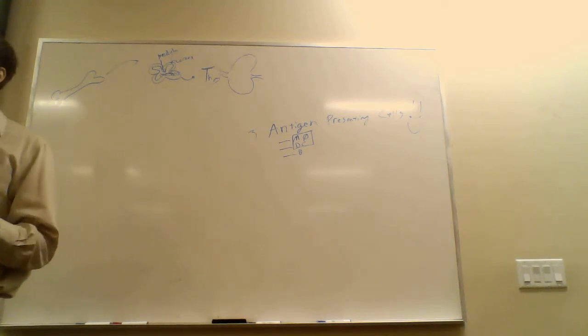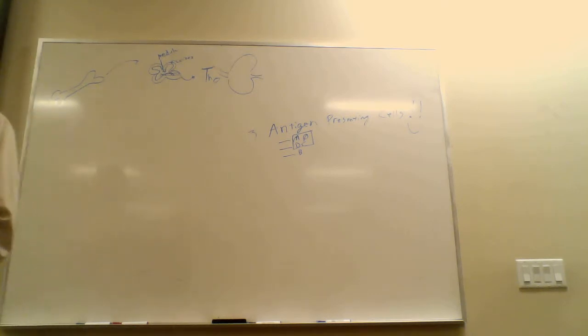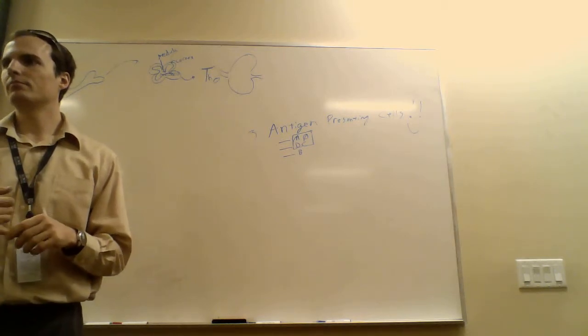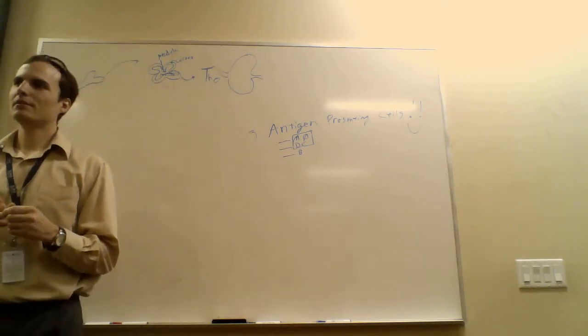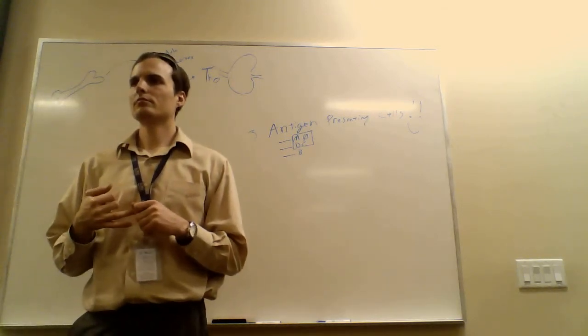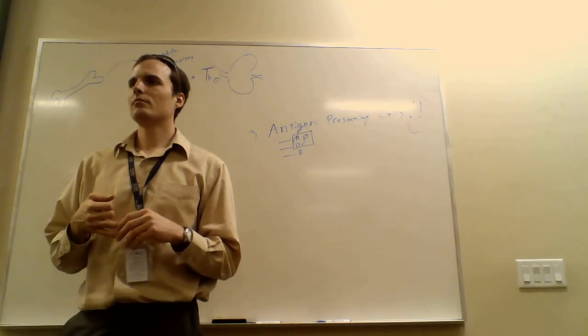What is the life story of the Th0 cell? Th0s are born in the bone marrow, and then they travel to the thymus, where they are put to the test to make sure they don't eat our own cells.